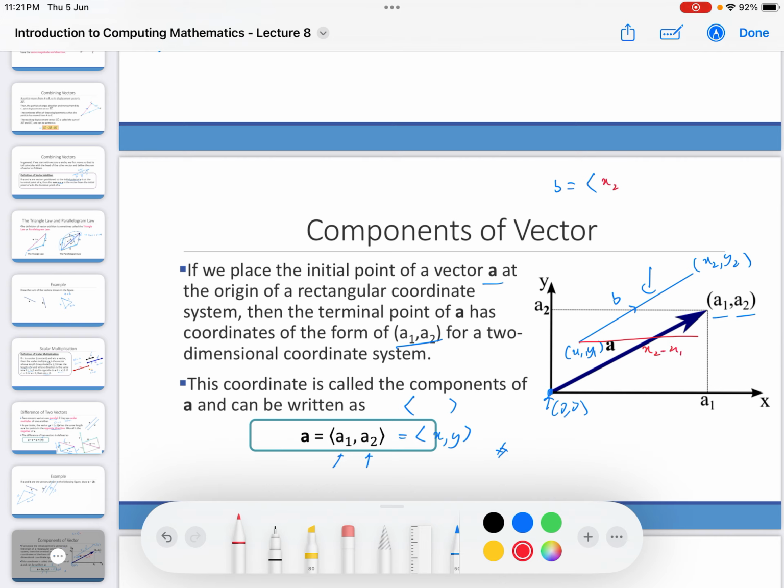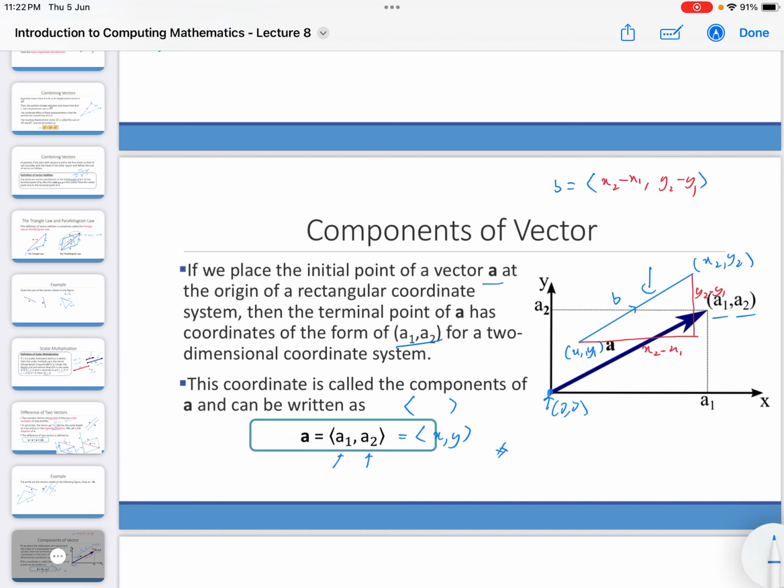And then the second component of this vector B will be the y displacement, or the vertical displacement, which is y2 minus y1. Once we write like this, we are actually shifting the initial point of this vector towards the origin.